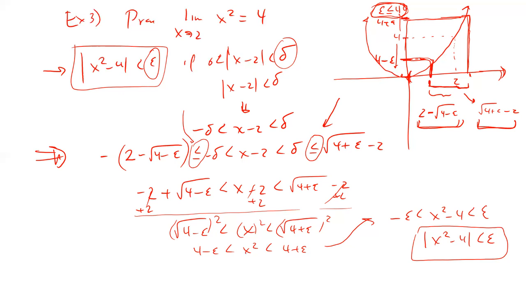Like at the very beginning, in each of the problems, not specifically with this one. Because you're saying that if I give you an epsilon value, you can find a delta value that will make this true.